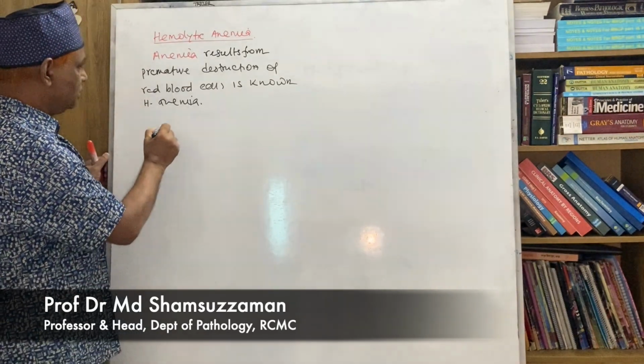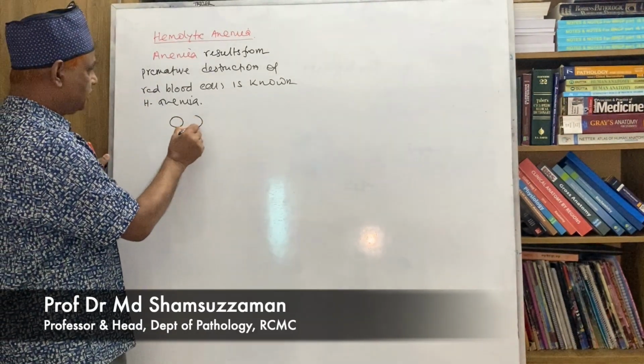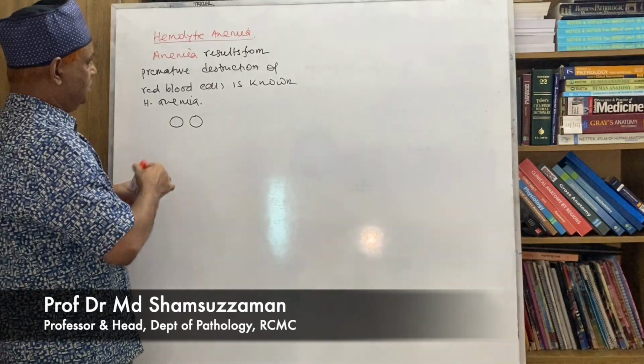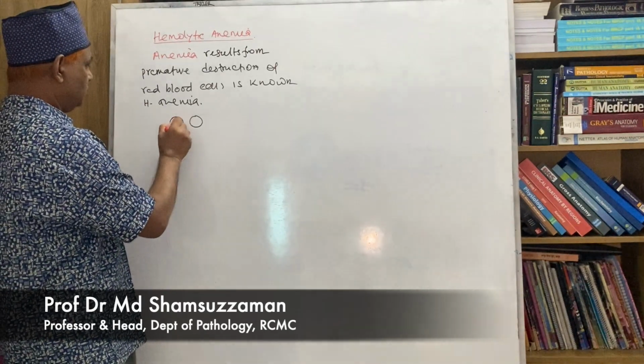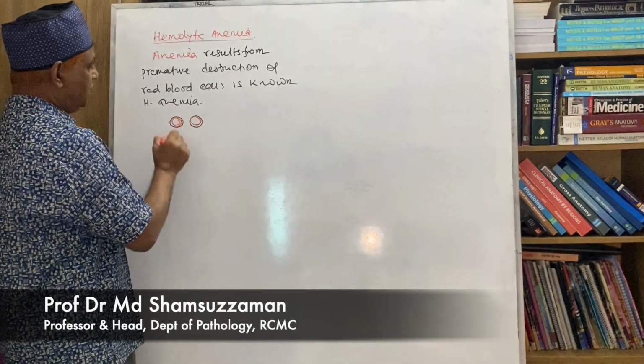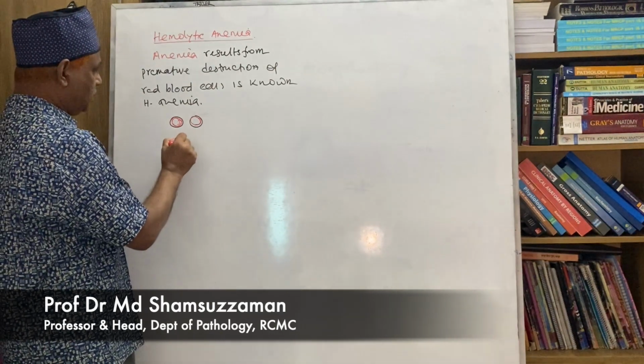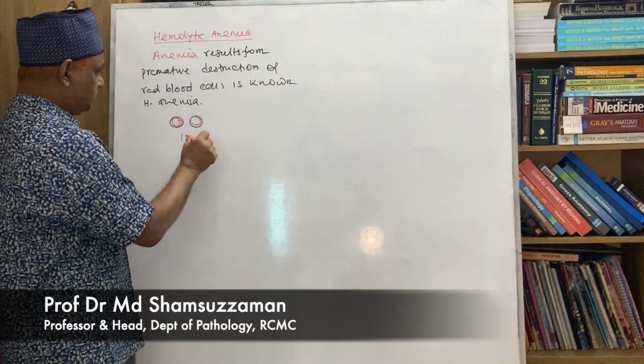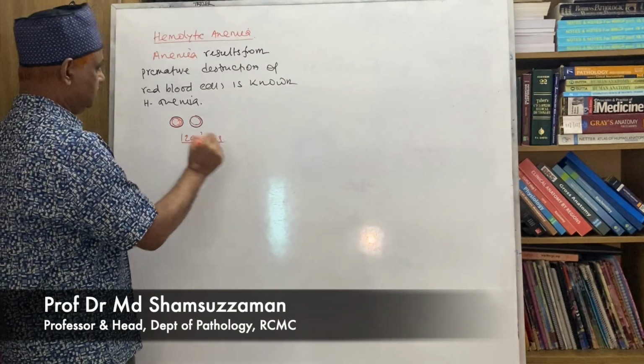Dear audience, you know, this is RBC. This is the RBC containing hemoglobin within it. And you know, the average lifespan of RBC is 120 days.